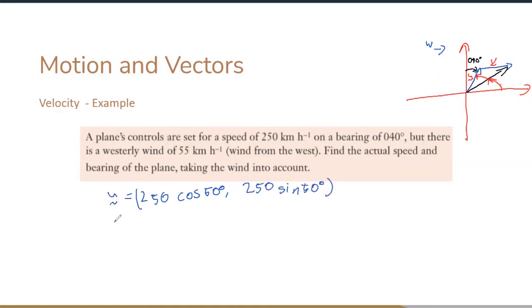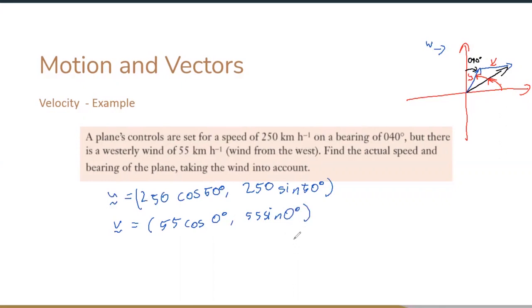And for our wind, we're given a magnitude of 55 kilometers per hour, and it's pointing in the westerly direction. So that means that the angle is 0 with the positive x-axis because the v and the x-axis will be parallel. So we get 55 cos 0 degrees, comma 55 sine 0 degrees.